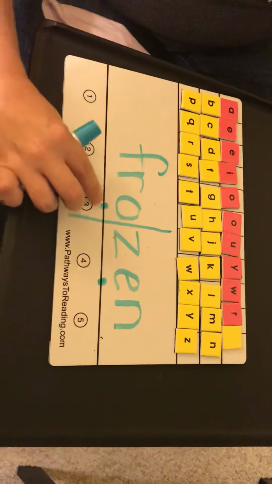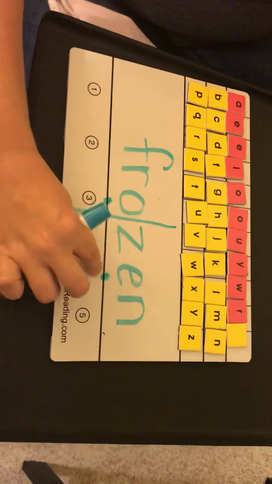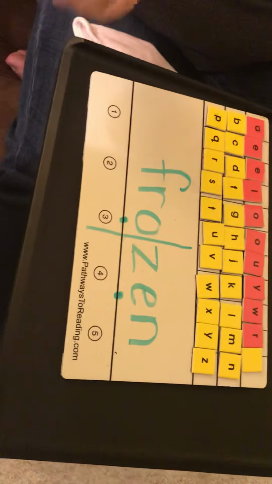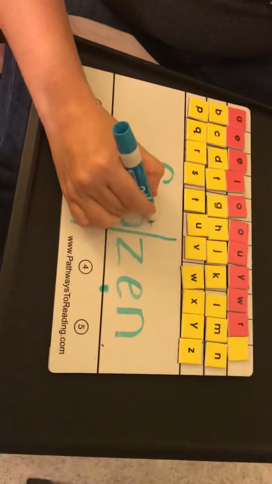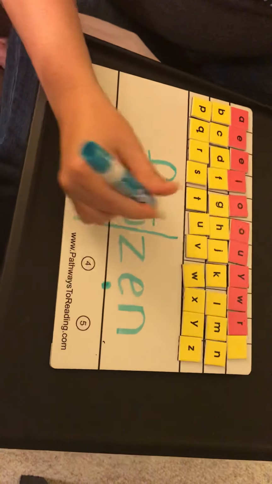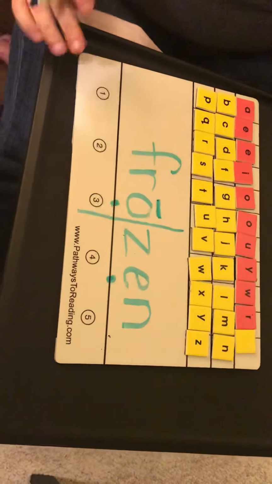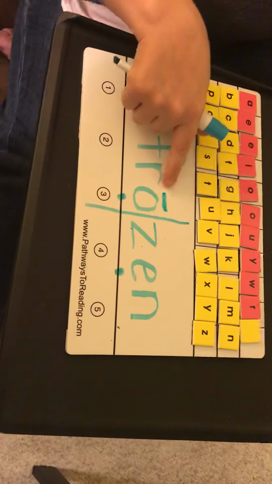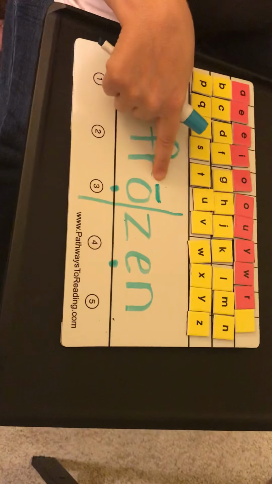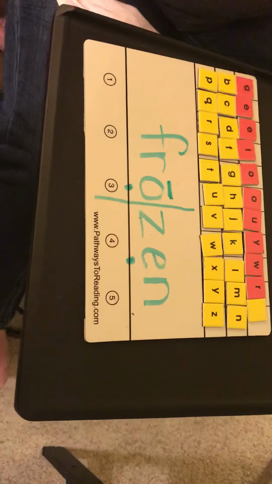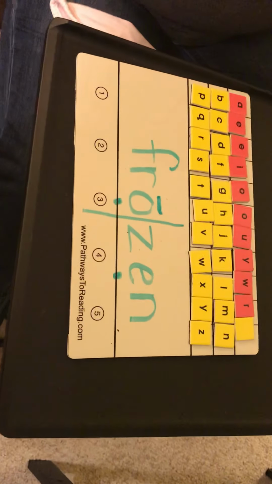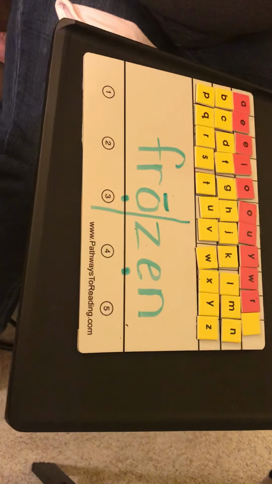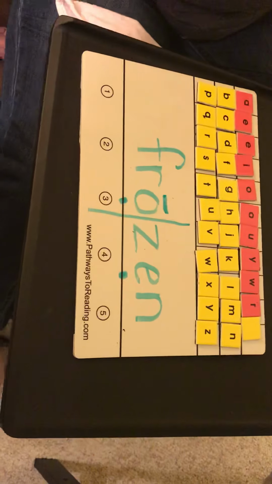Fro, zen, frozen? Yeah, that made sense. My word is wearing its name hat. Remember, that's our big fancy hat that has that straight line across the head. So I gave it a straight line. We call that a long vowel. So in this word, my first vowel is saying his name or his long vowel sound. Frozen.